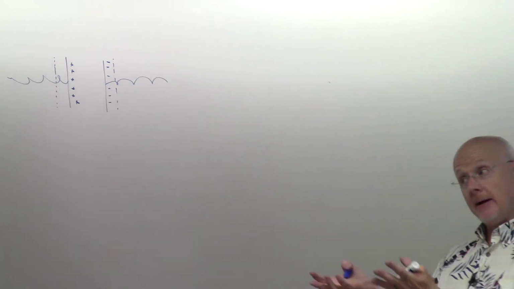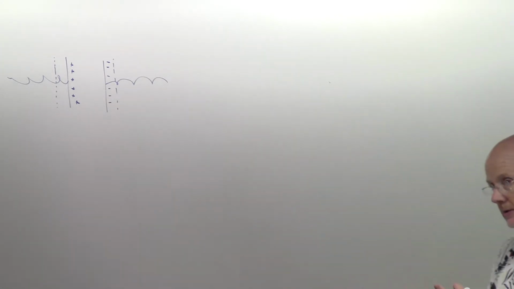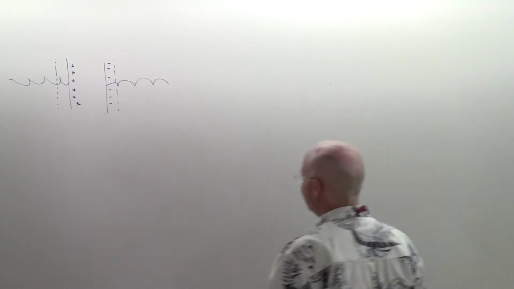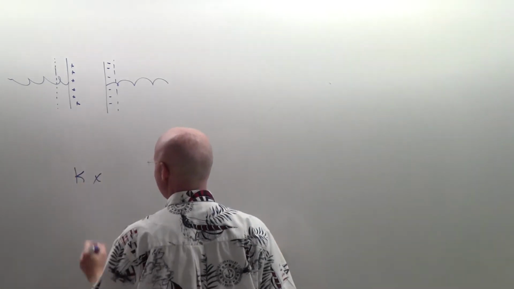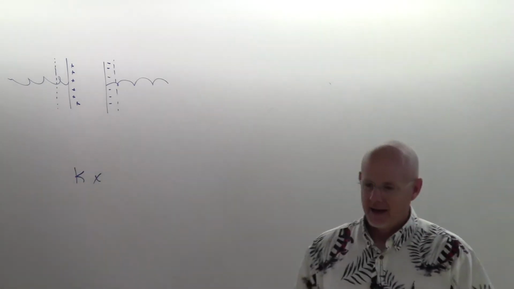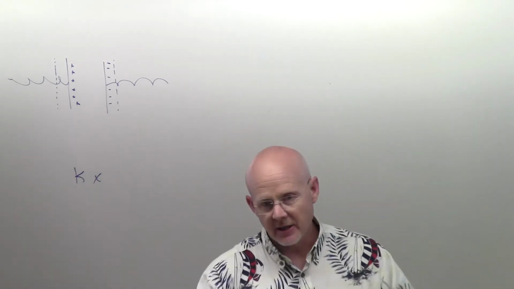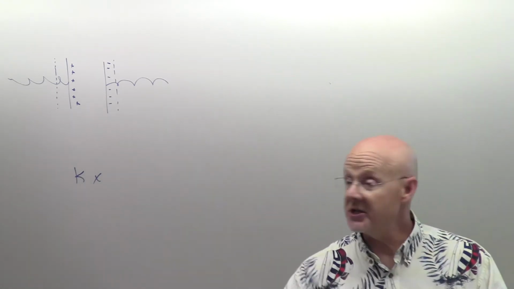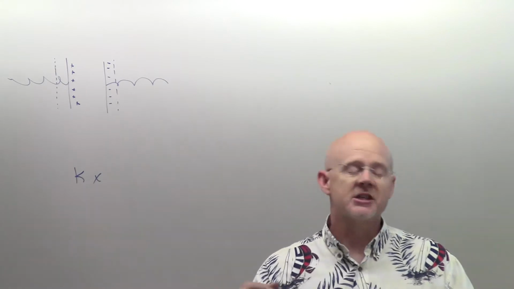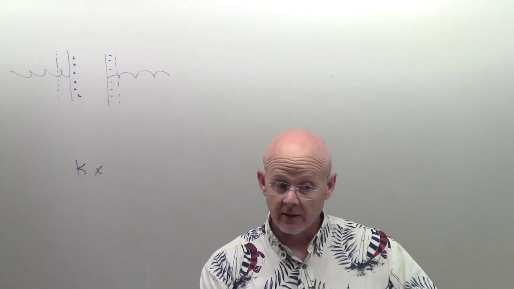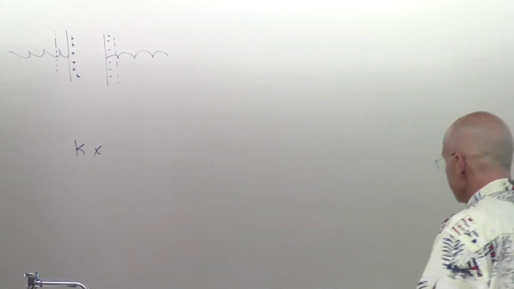And of course, you remember the force from a spring. What is it? Yeah, Kx, right? That's the magnitude. I know there's a minus there, but let's just talk magnitude. It's Kx. What's K? Spring constant. That's what they're after. What's X? Yeah, the distance you stretched it in.